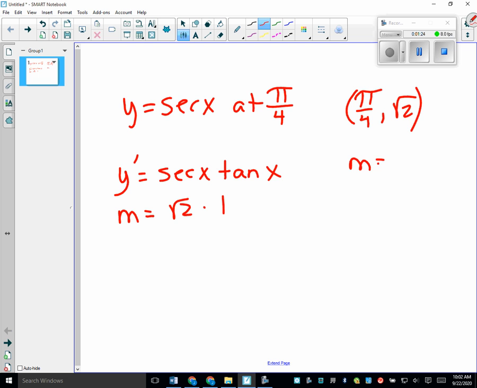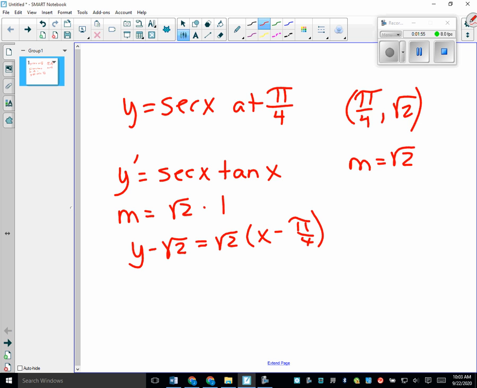So don't I have y minus radical 2 equals radical 2 times x minus pi over 4? Wouldn't it just be y is radical 2x minus pi over 4?